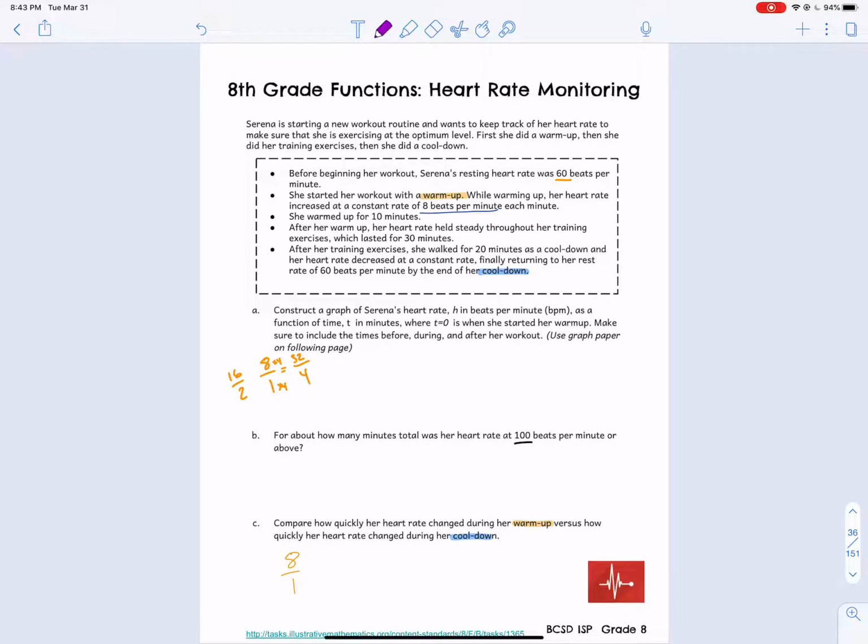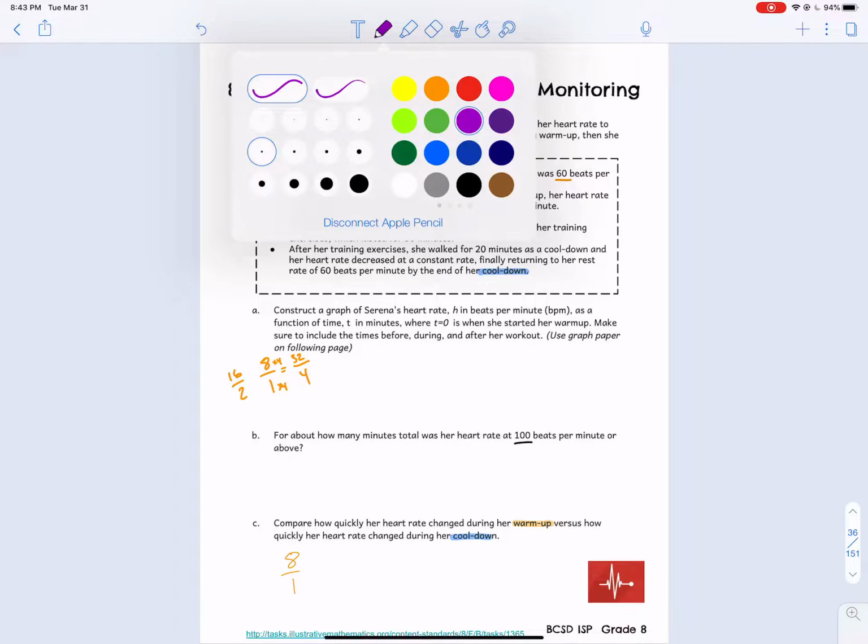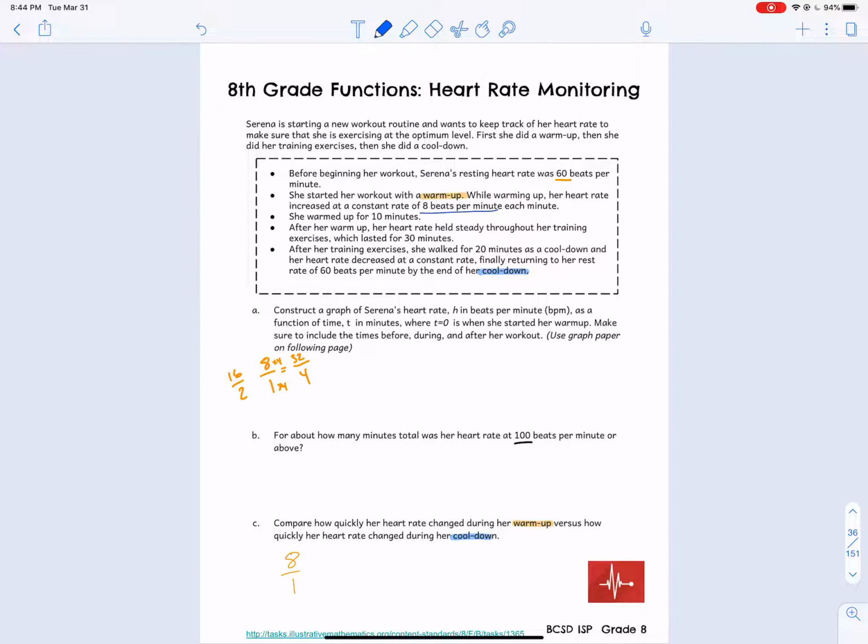So now we know. So let's just pause for a moment. And let's take a look at that part C. So her warm-up, we know her heart rate increases by 8 beats per minute because we're told that in that box at the top. And then her cool down, she started off, so her heart rate started at 140 and went down to 60.